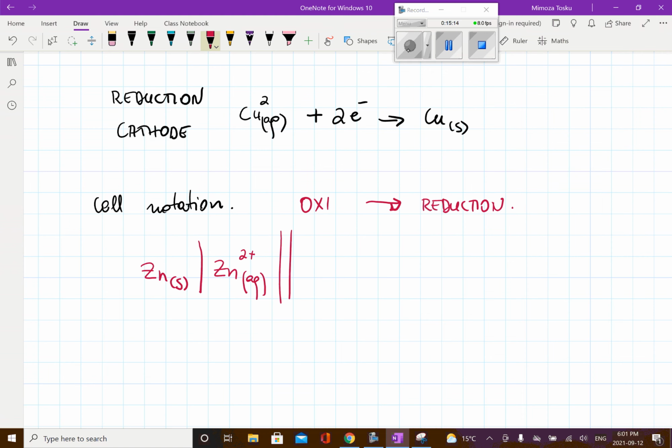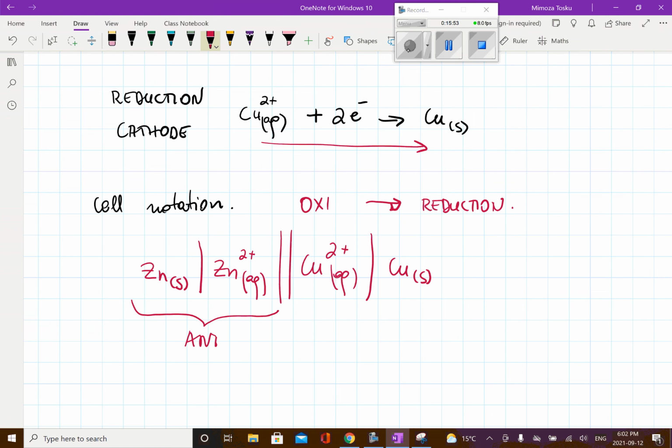Okay, now we'll start with the cathode. What is happening in the cathode? We start with Cu2 plus in aqueous solution, and then by grabbing those two electrons, we end up as copper solid.